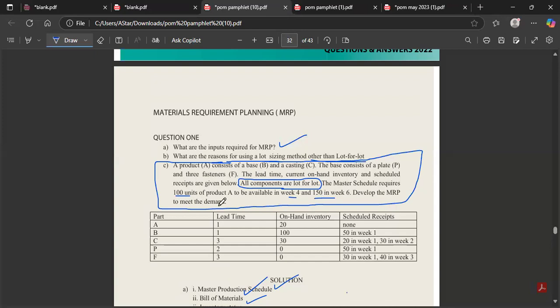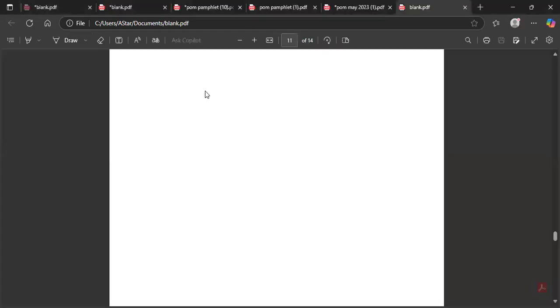Have you seen this question? Yes. This question is similar to the one we were doing. The one we were doing is even more cumbersome than this one. This one is direct because they have summarized things for you. So let me show you how you go about this. For this one, you are going to say product structure 3.